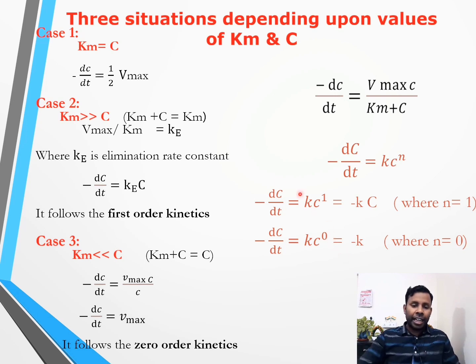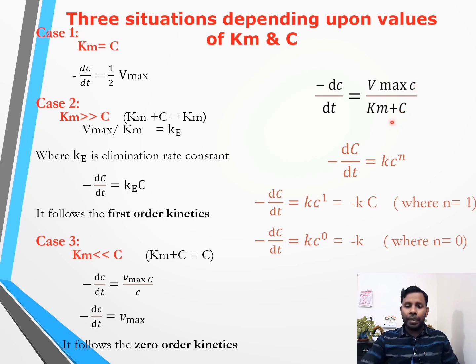So let's start these 3 cases. In case Km is equal to C, what will happen in this Michaelis-Menten equation? This Km plus C can be written as C plus C, because Km is equal to C. So C plus C will be 2C. Here 1 C will get cancelled.